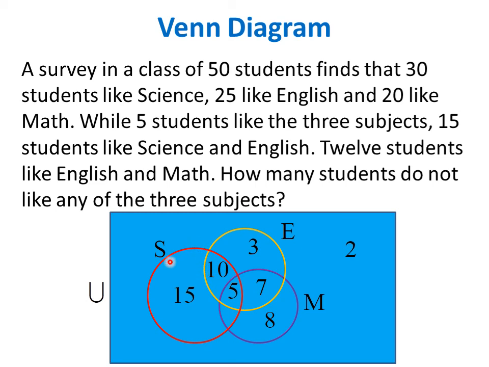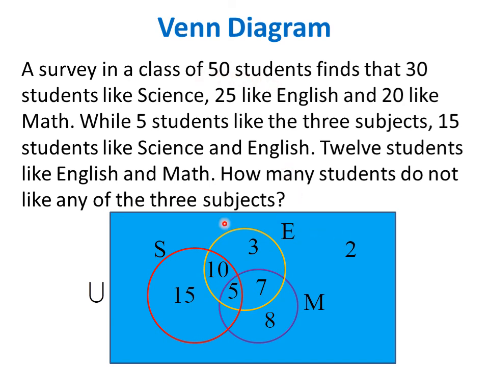Okay, so the question is, how many students are represented by the sets science, English, and math? So we only have to add up the numbers inside the 3 sets. So we have 15 plus 10, that's 25, plus 5, that's 30. These two add up to 10, so 30 plus 10, 40, plus 8, 48. But there are 50 students in the class.